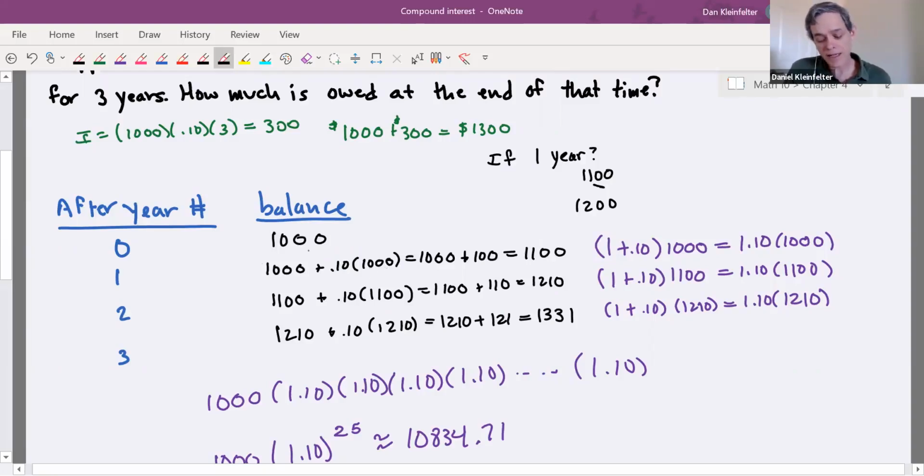But if you think about it, if they owed us $1,100 as the total balance after 1 year, and that was $100 of interest in 1 year, then does it make sense that after 6 months they owed us $50? That is, if it's $100 a year, then a half year, which is 6 months, would have been $50.